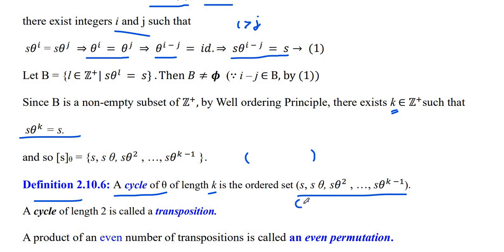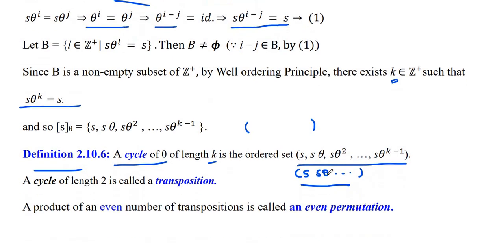Mostly we will write this without the commas also. In some books they refer like this, in some books we have this. We will be following this notation. Even though in the definition it is given here like this, we will be using only this.